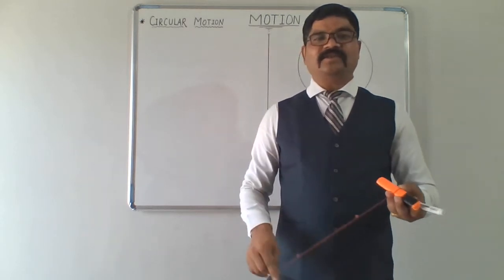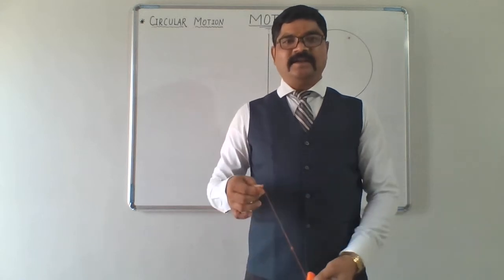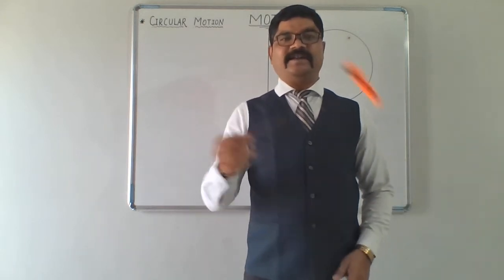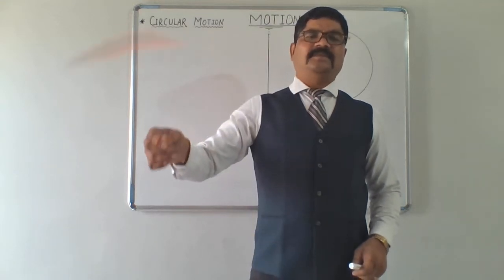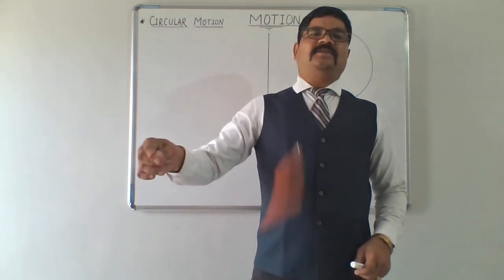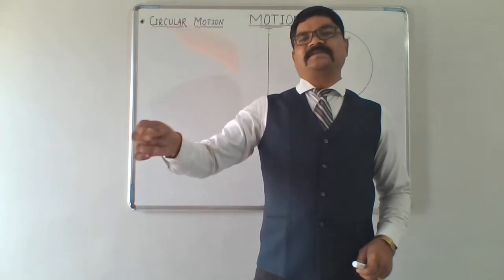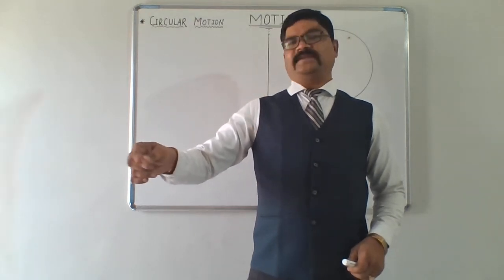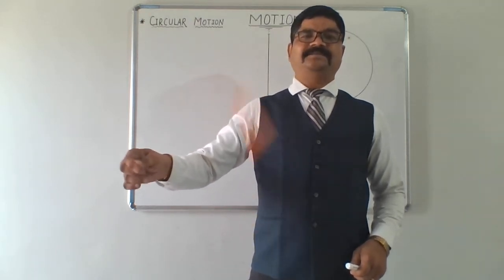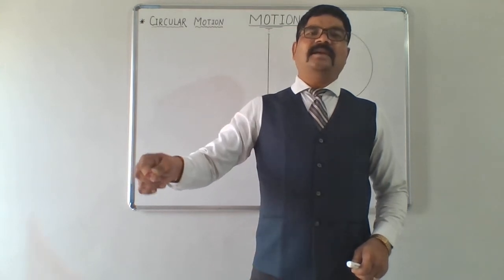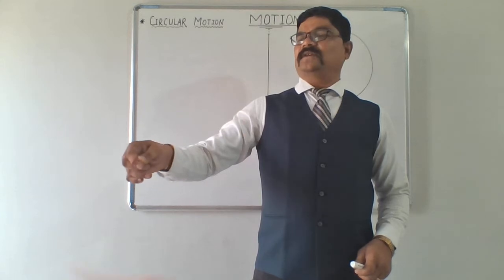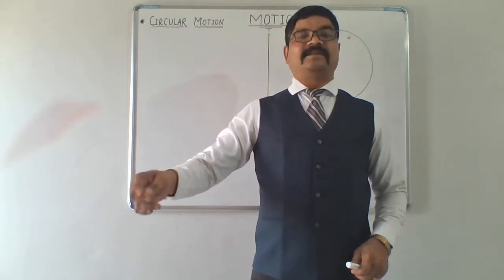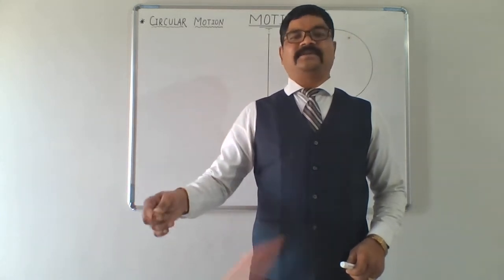Then holding this object, if this object is rotated like this, the object revolves around the axis, which is my hand, and the object moves along a path which is not a linear path, it is a circular path.